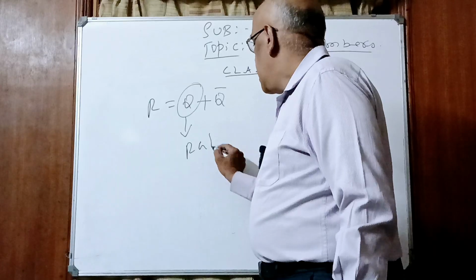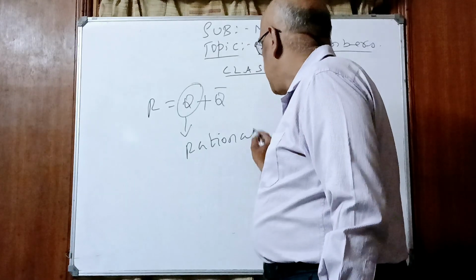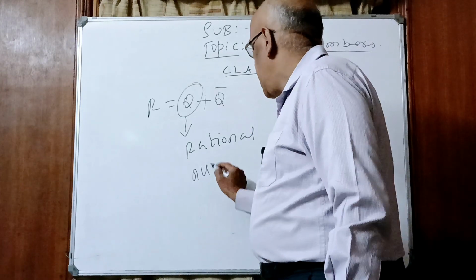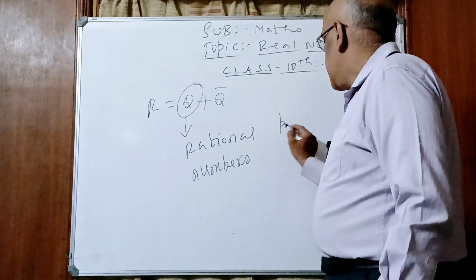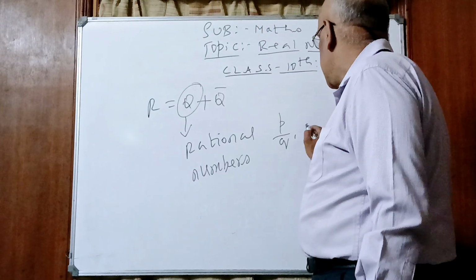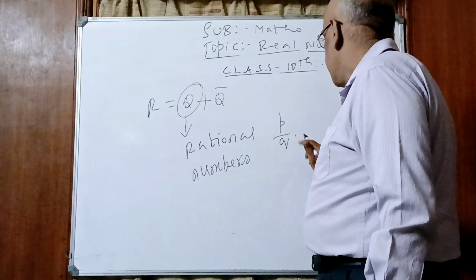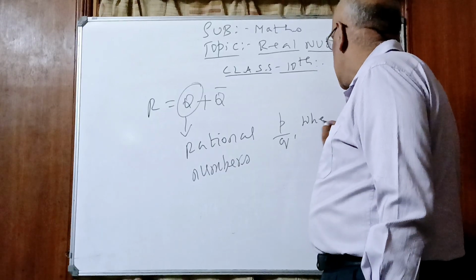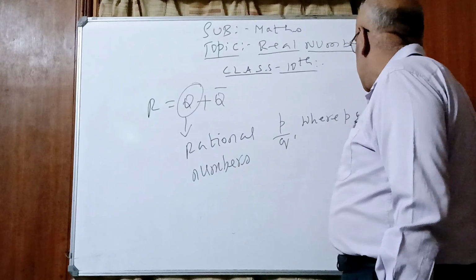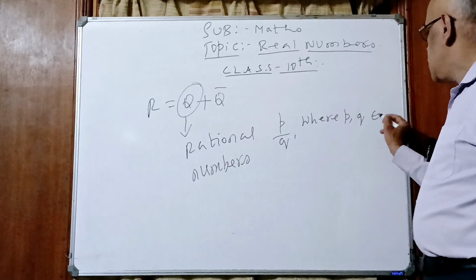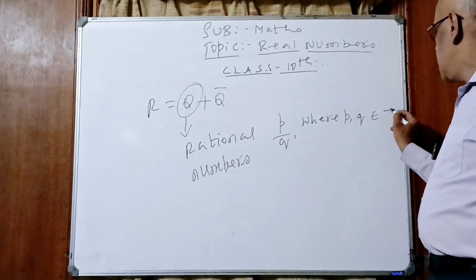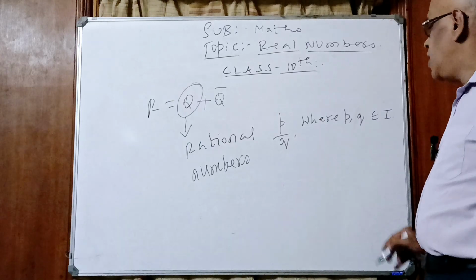Any number written in the form of P by Q, where P and Q belong to, what is the symbol? Belongs to the set of integers, I or Z.